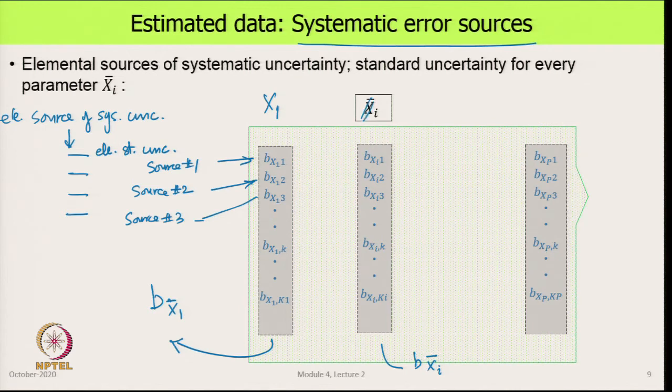So, this is for the ith variable, this is for the last variable xp. So, we now have this. From the earlier slide we had Sxi bar, we know the relation, we can get Uxi bar, and from knowing the confidence level we can get the expanded uncertainty in the measurement. That completes our calculation.